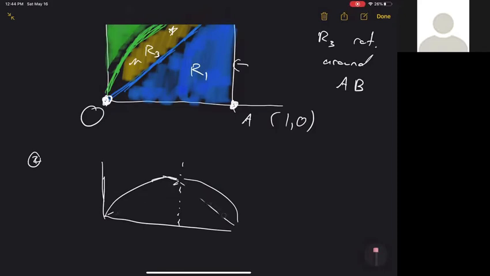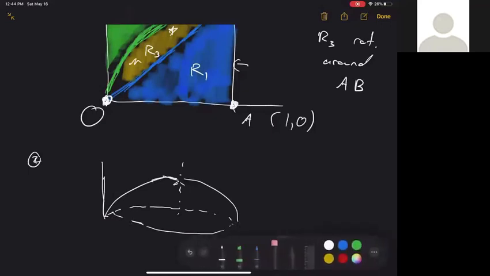So it'd be kind of this upside down bowl. And then there'd be some empty space in here because the walls of this bowl look like this.